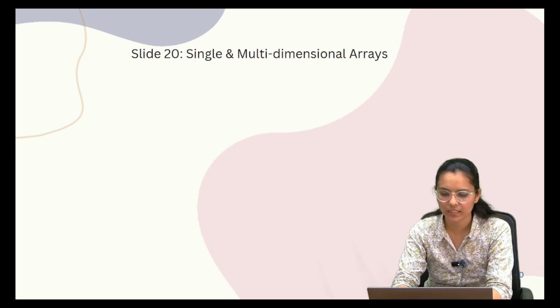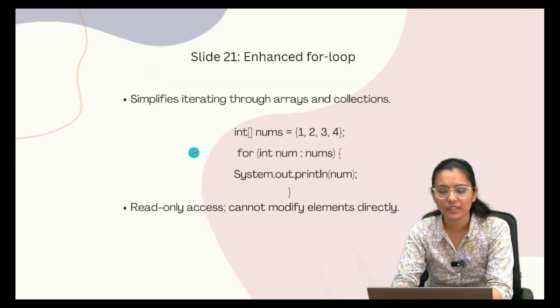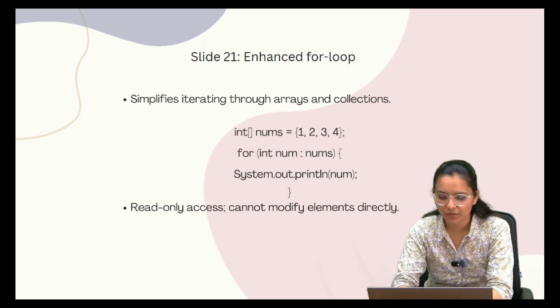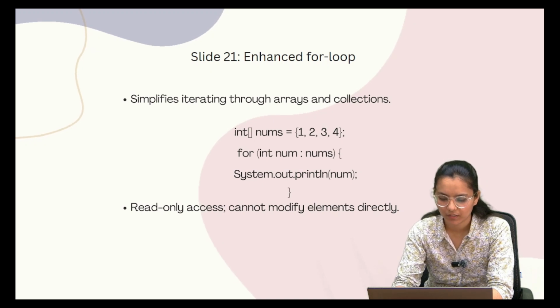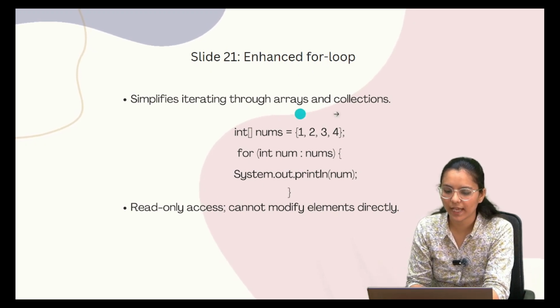Next one is the enhanced for loop. Let's see what the enhanced for loop is. It is a simpler way to iterate, or we can say loop, through every element in an array or a collection one by one. It simplifies iterating through arrays and collections.